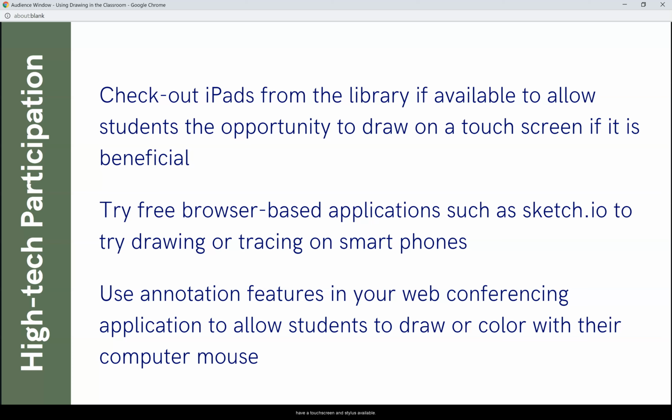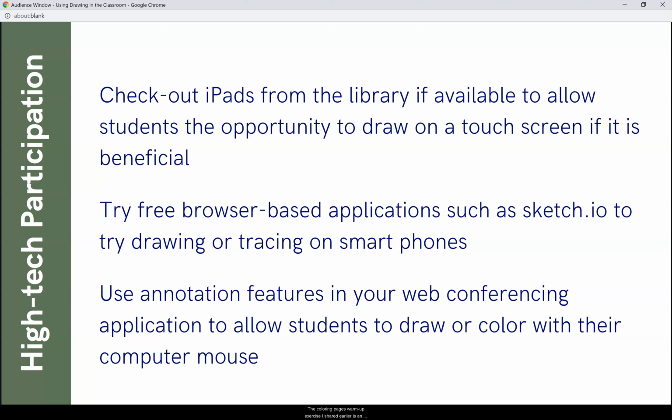Unfortunately, not every student has access to the touch screen and stylus in their laptop, computer, or tablet. If these tools aren't readily available, free apps like Sketch.io can be used on a mobile device with a touch screen, such as a smartphone, just using your finger. So this is a tool that would be available to almost every student who has a smartphone.